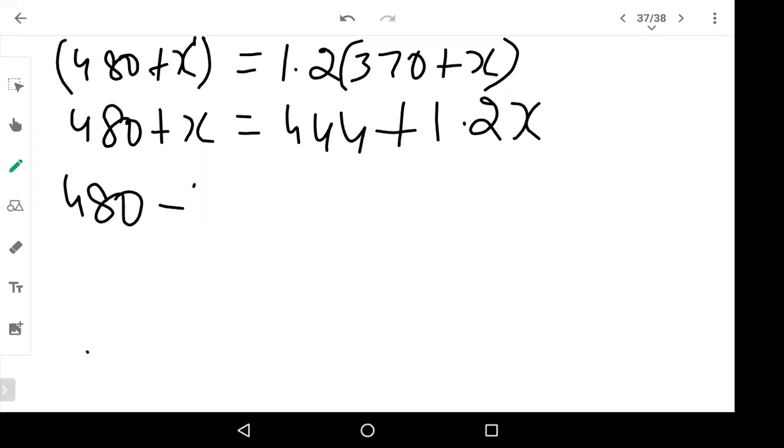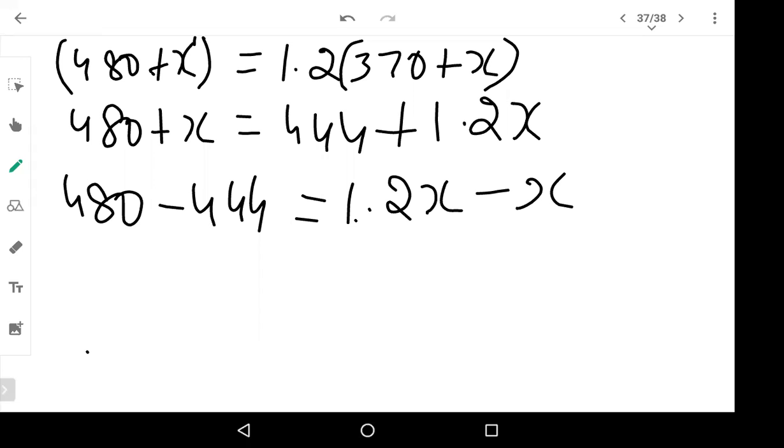Now 480 minus 444 is equal to 1.2X minus X. So 480 minus 444 is 36 is equal to 1.2X minus 1X, correct? So I get 0.2X.